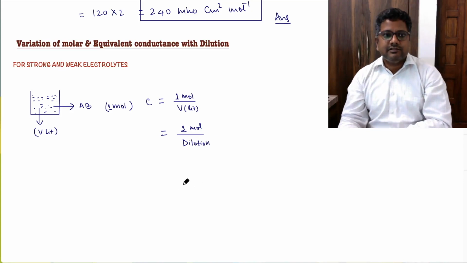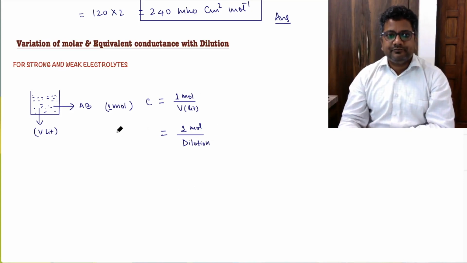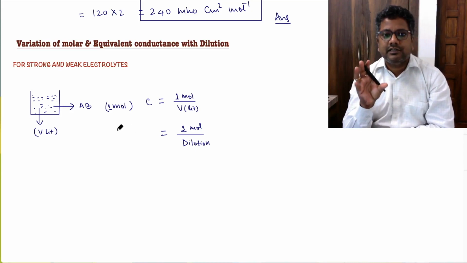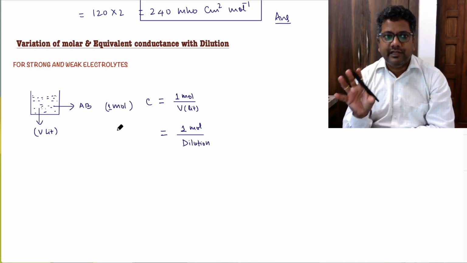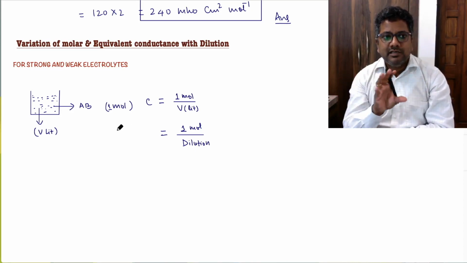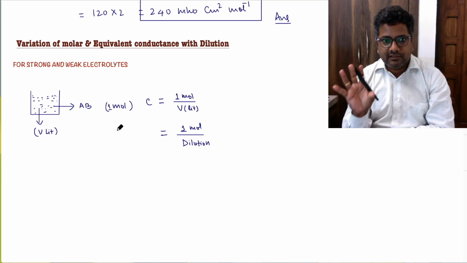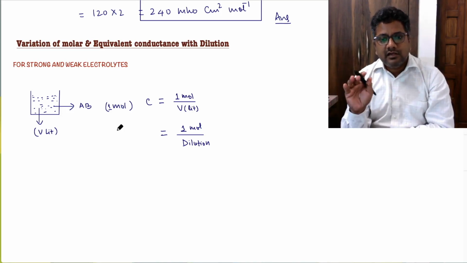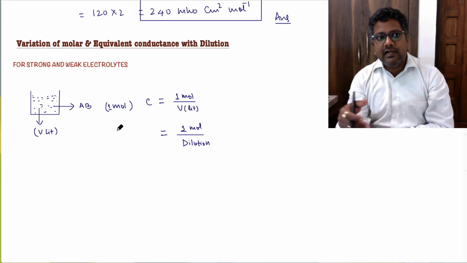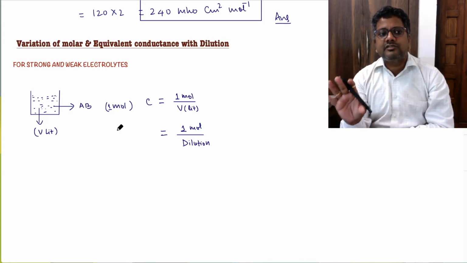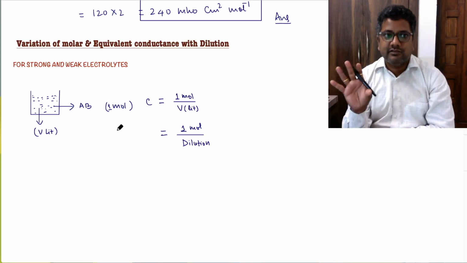Basically, take a fixed quantity, 1 mole, of any electrolyte in some quantity of solution. Now you can add water to increase the volume of the solution, because this is variable. This volume is now known as the dilution.